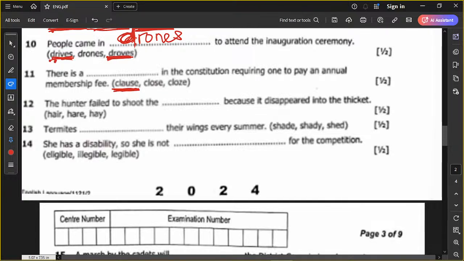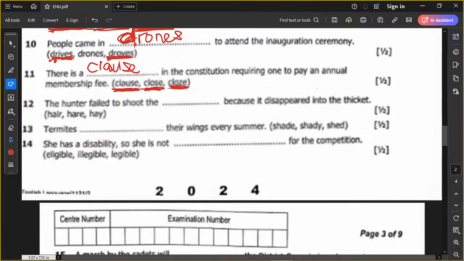This clause is not the verb, close the door. This one is a passage with missing words which you need to find. So the correct answer is clause, which stands for a statement. Okay, we go to question 12.